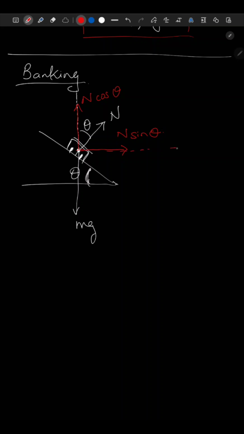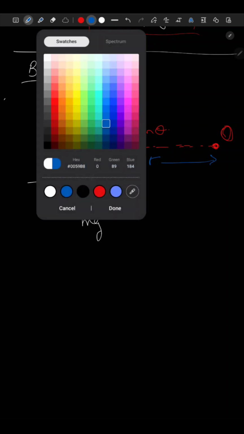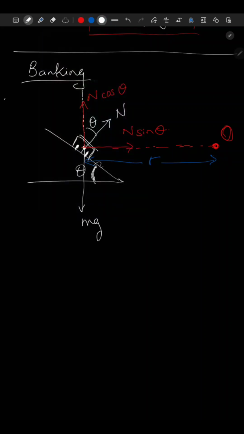This is providing the centripetal acceleration, assuming this is the center of a circle. Let's call it O. So the radius is from the center O to the plane.